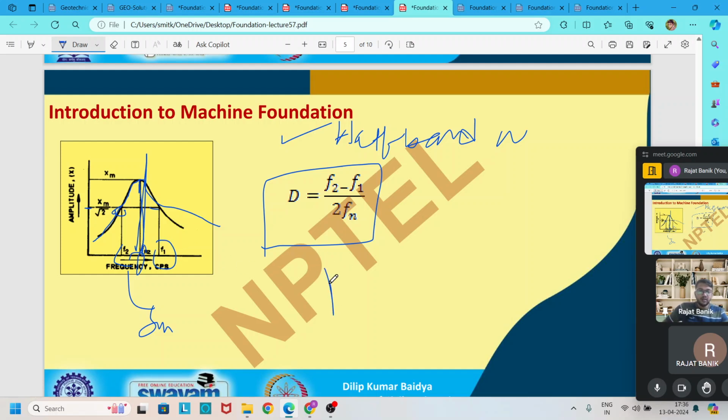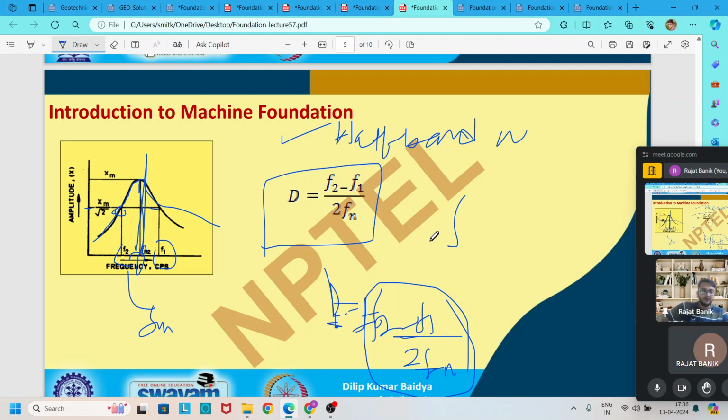So by this equation, D is equal to F2 minus F1 divided by 2Fn. Fn is nothing but the natural frequency, or we can say the resonating frequency, where we get the maximum amplitude. So put all these values in this equation. If we put them, we get the damping ratio of this system.